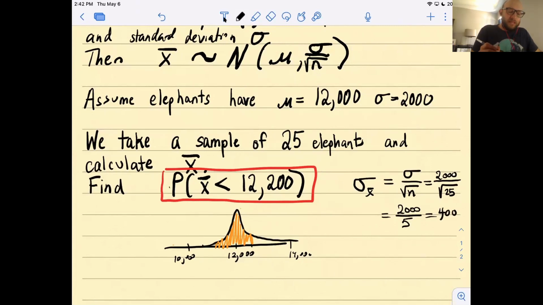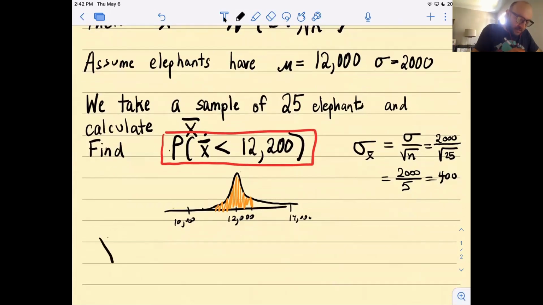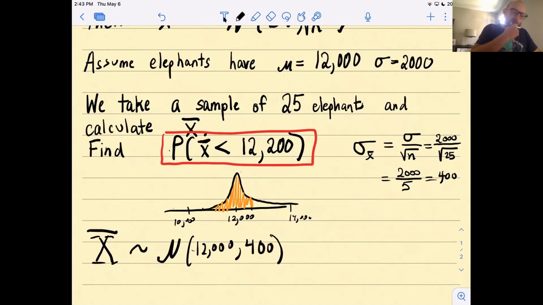So the sample mean of 25 elephants is distributed... That tells us that the sample mean, x bar, is distributed like the normal distribution that's centered around 12,000, but has a standard deviation of 400. Well, now we can answer this question because we know how to.